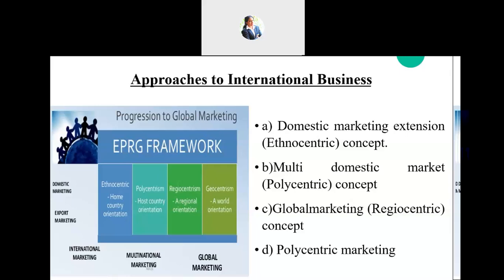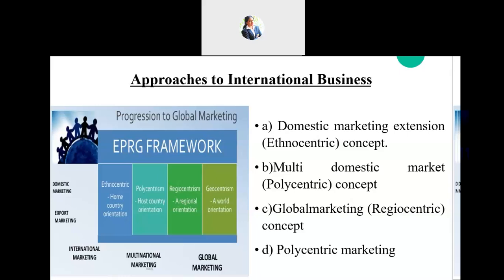and they always take effective and efficient steps to satisfy the needs of each and every market. They also recognize both the differences and similarities between their home country and the international market, and they will always blend the concepts of both ethnocentric and polycentric views.